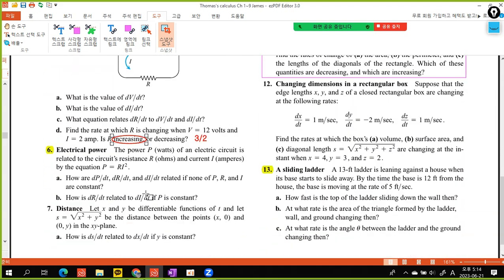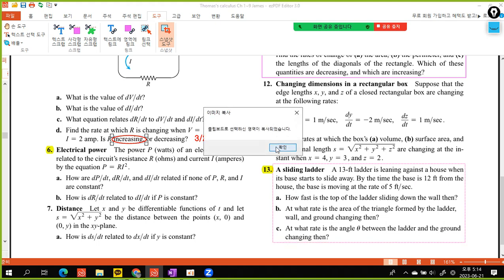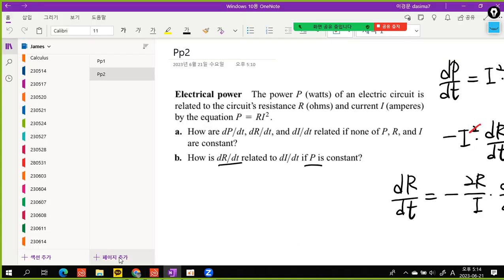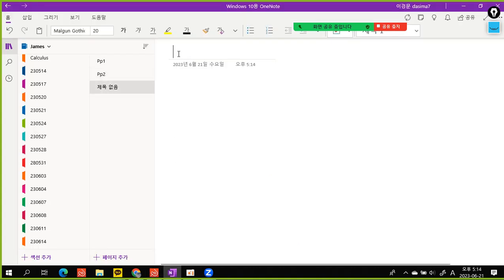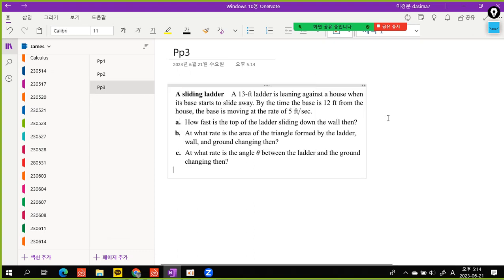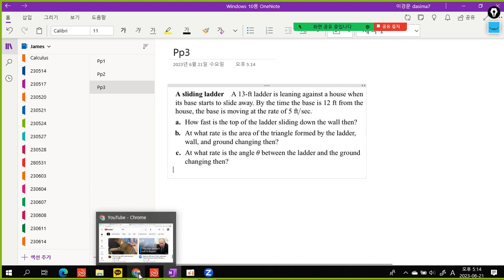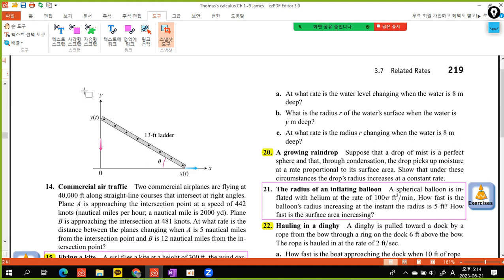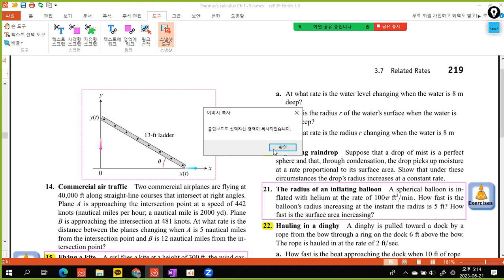So going back to math, let's look at number 13. This ladder is sliding down.